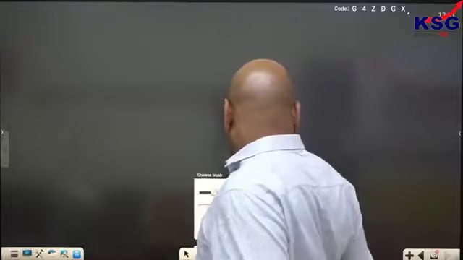Anyway, after this continental shelf area, let us now look at the distribution. Where is what? Please note down here: very wide continental shelf is found in the North Atlantic.